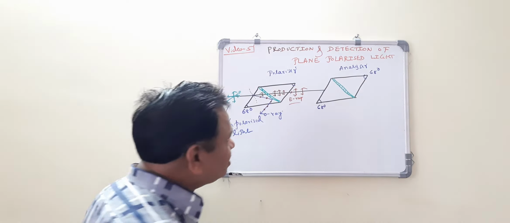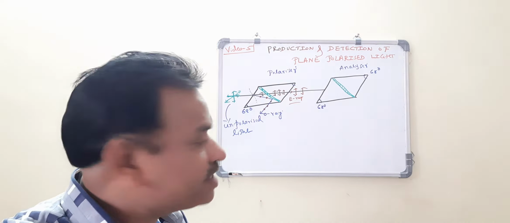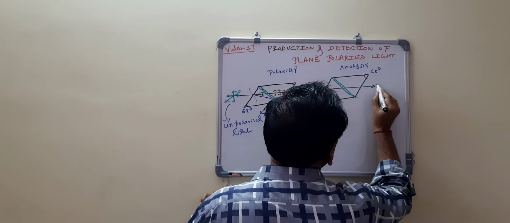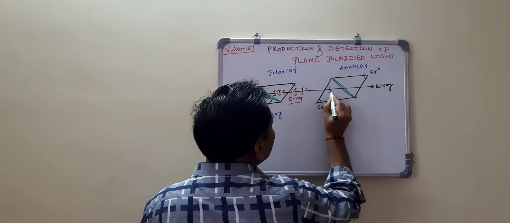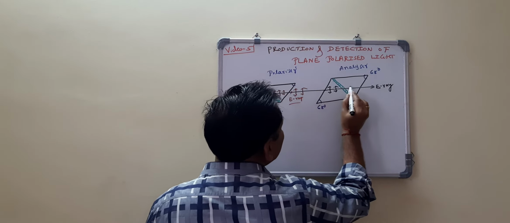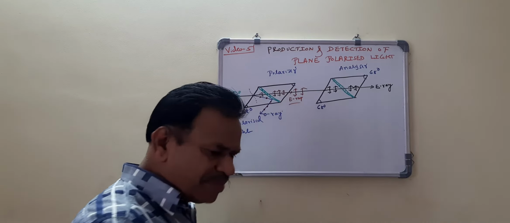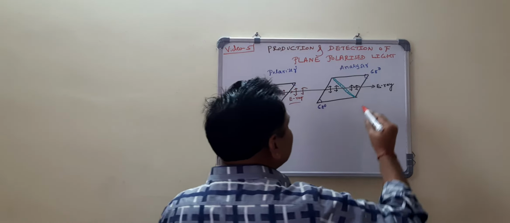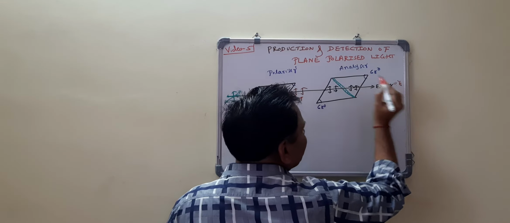Next, I will pass this light through the second prism. This is called the E ray, and the vibrations are like this, parallel to the principal section. The observer is here; I can't draw the diagram.